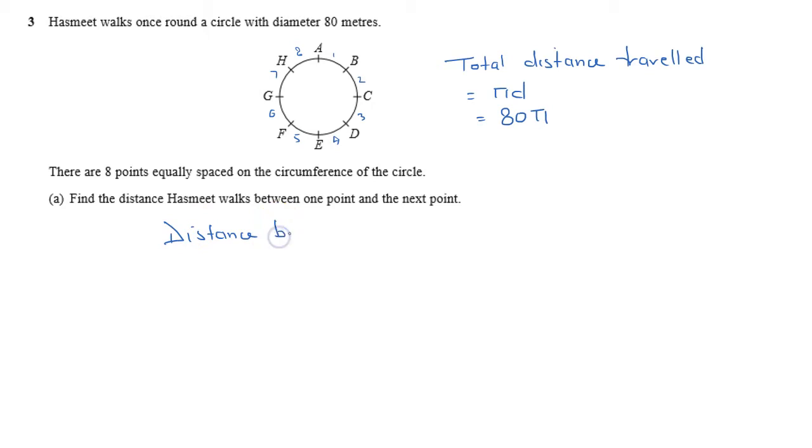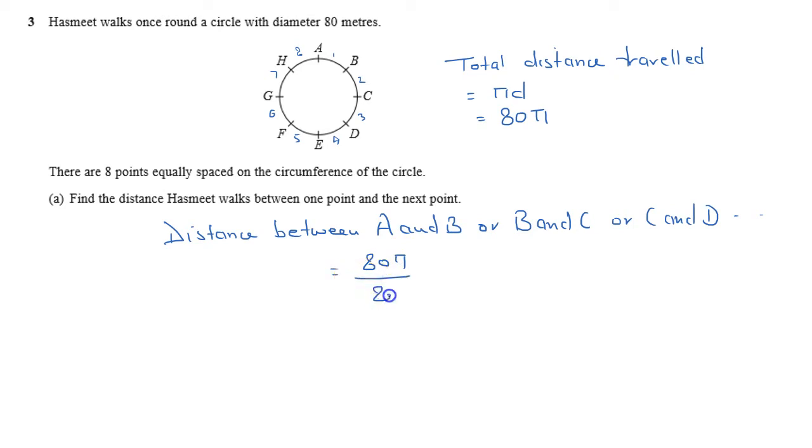So the distance between A and B, or B and C, or C and D, and so on, will be 80 pi divided by 8. So that is 10 pi, that is 10 multiply 3.14. So that is 31.4 meters.